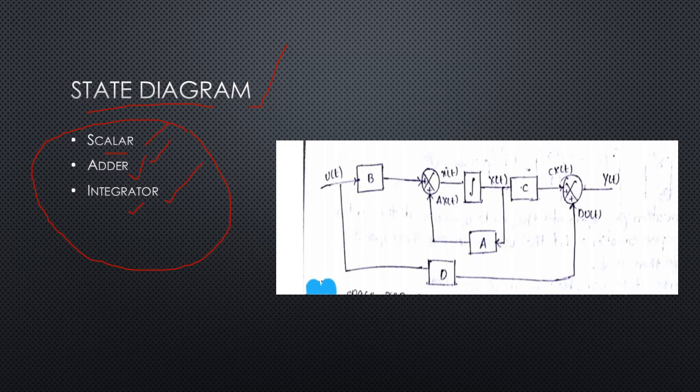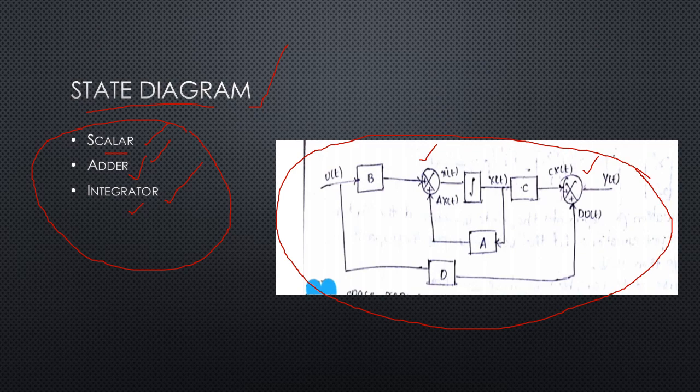The state diagram for the standard state model is given by the figure. Observe the figure clearly, in which we have two adders.